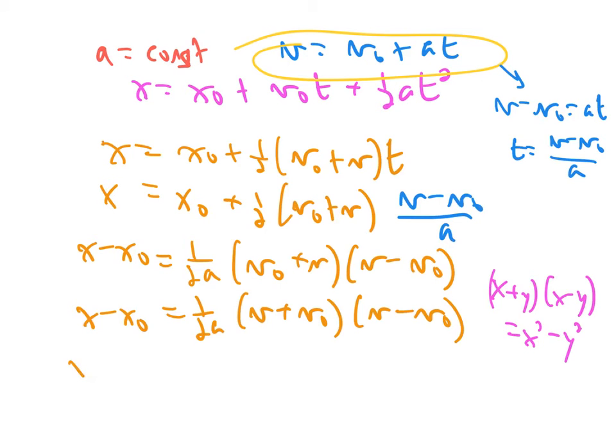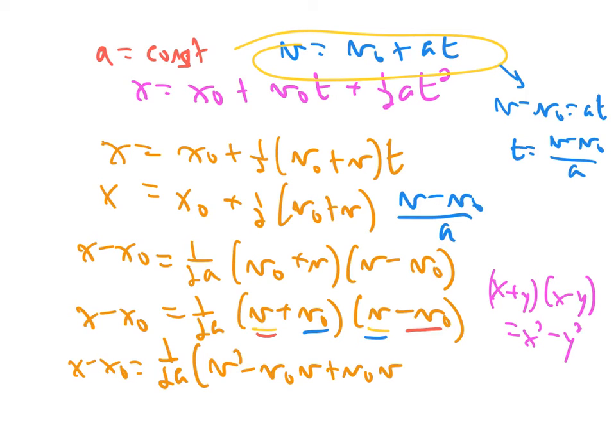Putting that together, we'll have x minus x0 is 1 over 2a, and then we multiply out and we say v times v is simply v squared, and v times minus v0 is minus v0v, and v0 times v is plus v0v, and then finally v0 times minus v0 is minus v0 squared.